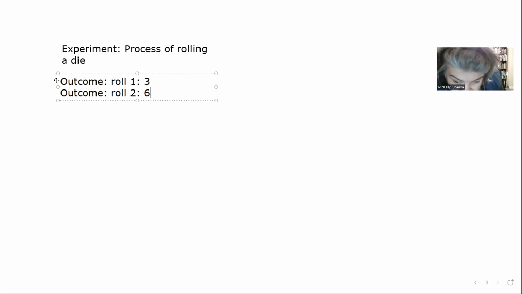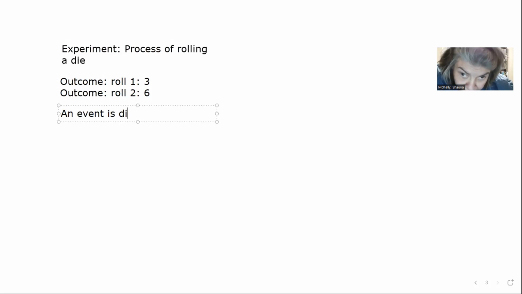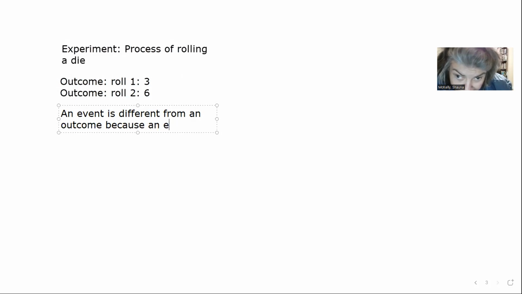That's the result of a probability experiment. Now, an event is different from an outcome. Here's why: an event doesn't have to, but it may consist of more than one outcome.